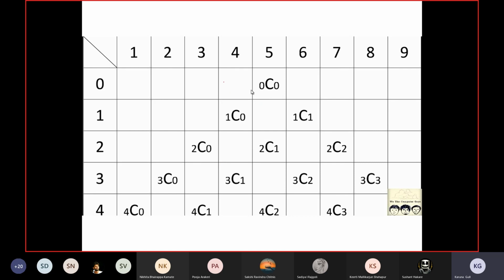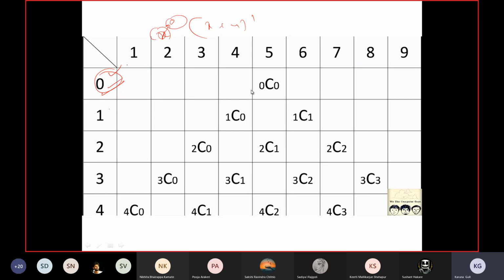Now look at this. We'll start with a zeroth row rather than the first row, because the first exponent that we are going to take is anything raised to 0. You take any value here, raised to 0. Then we went for x plus y raised to 1. That's why our row starts with 0 rather than 1 here.